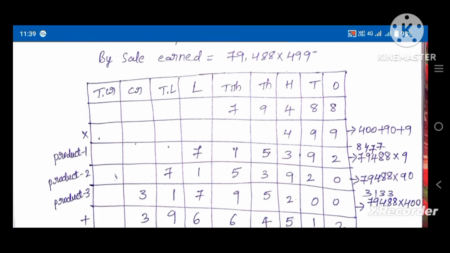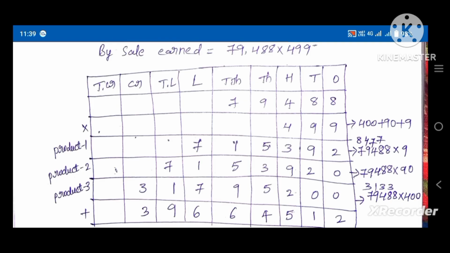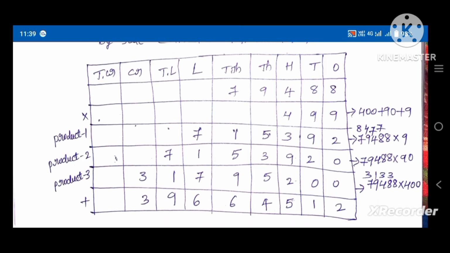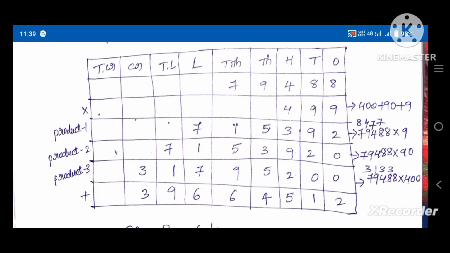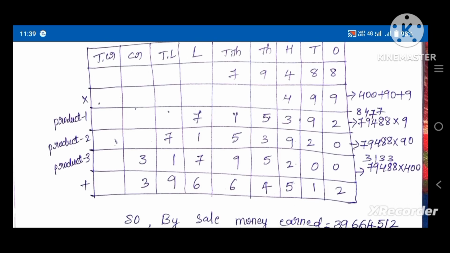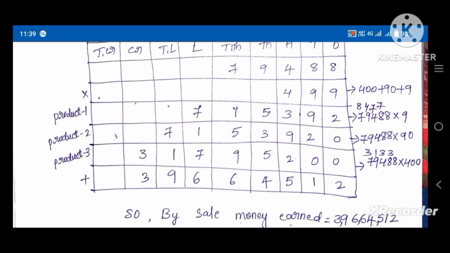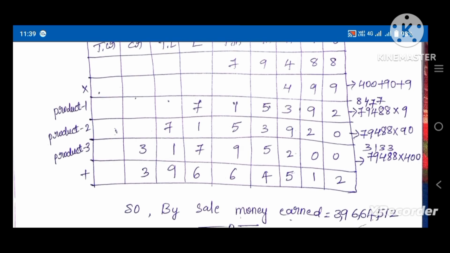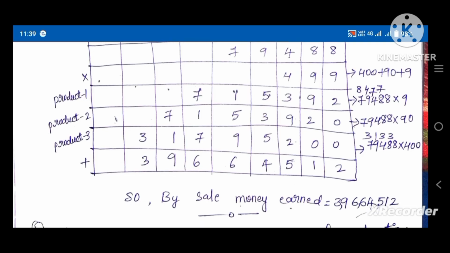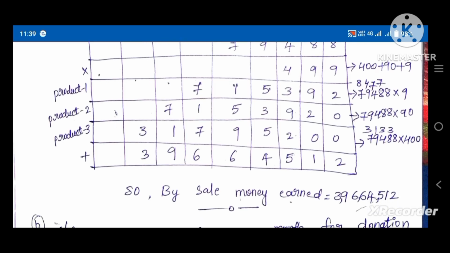Third product is 3,17,95,200. Add the three products. 3,96,64,512. So by sale money earned 3,96,64,512.